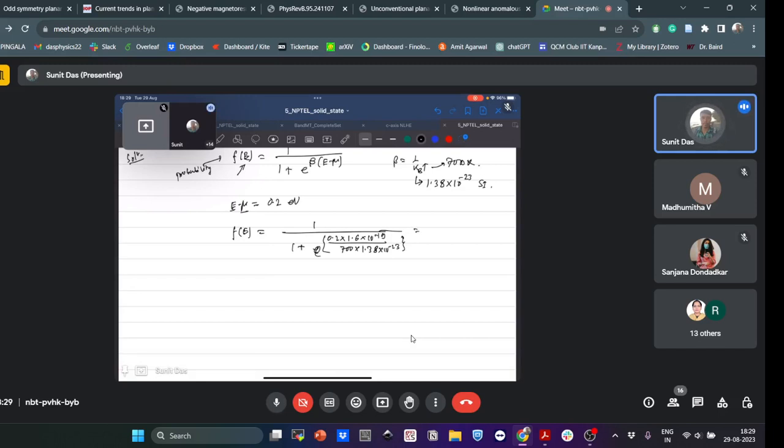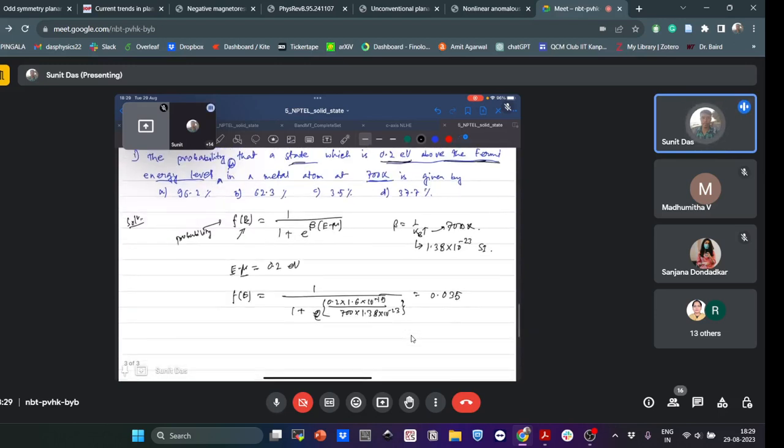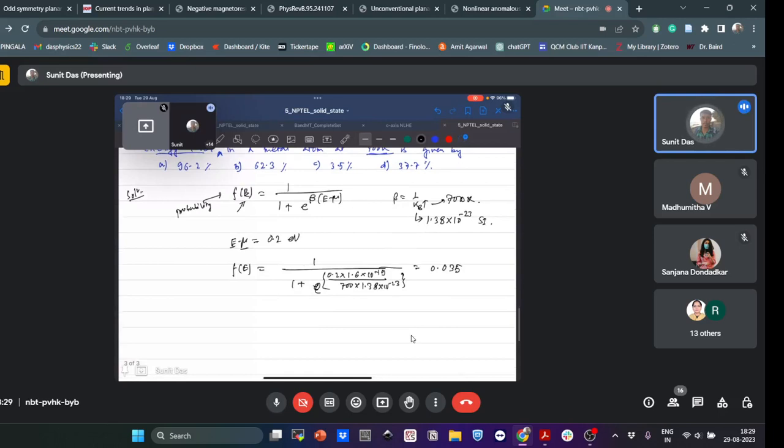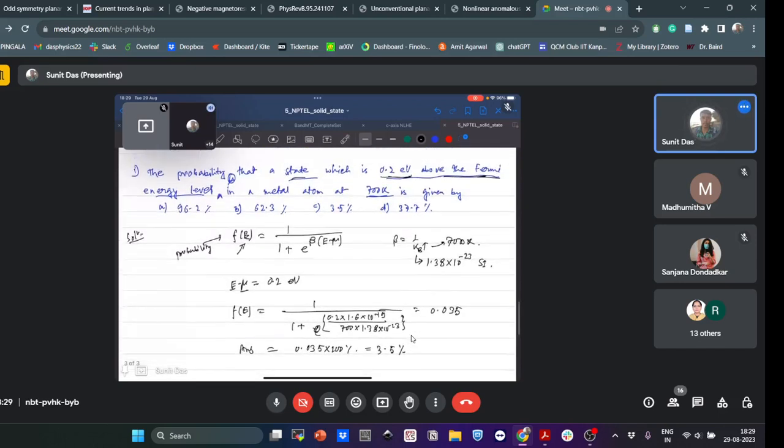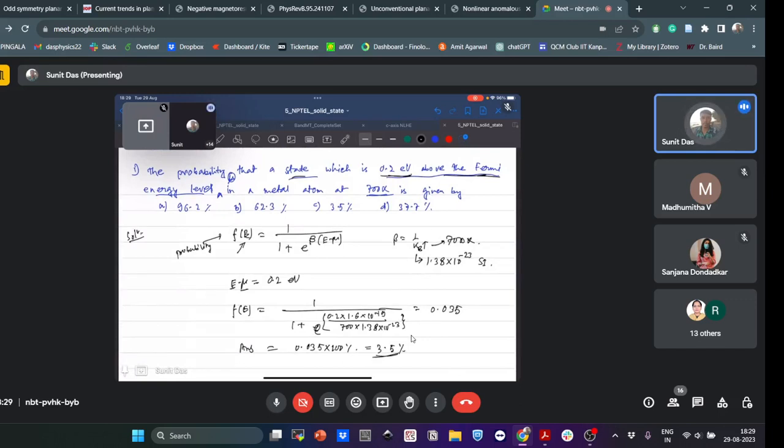If we compute this exponential, it will be around 0.035, and the answer is needed in percentage, so it will be 0.035 into 100. The answer is 3.5%. So this is the probability. There is a 3.5% probability for the electron to stay at an energy E that is 0.2 eV higher, at 700 Kelvin of course.